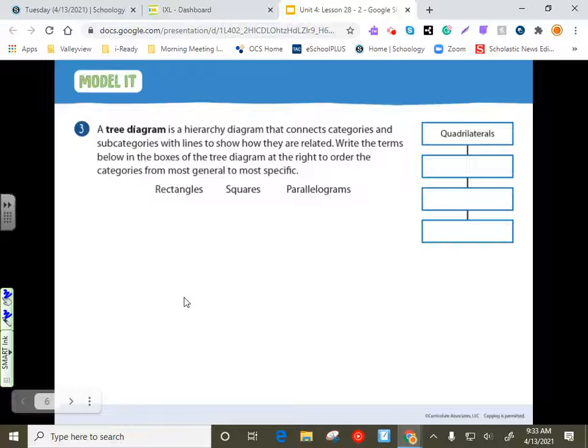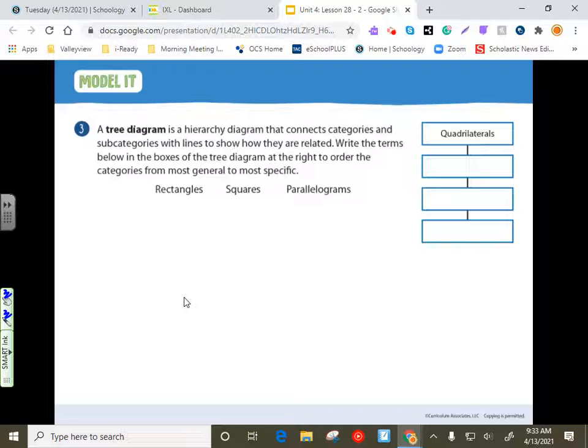All right, go ahead and turn the page. So here's where we get shown a tree diagram. It's a hierarchy diagram that connects categories and subcategories with lines to show how they're related. So similar to a Venn diagram, but also different in the way they set it up.